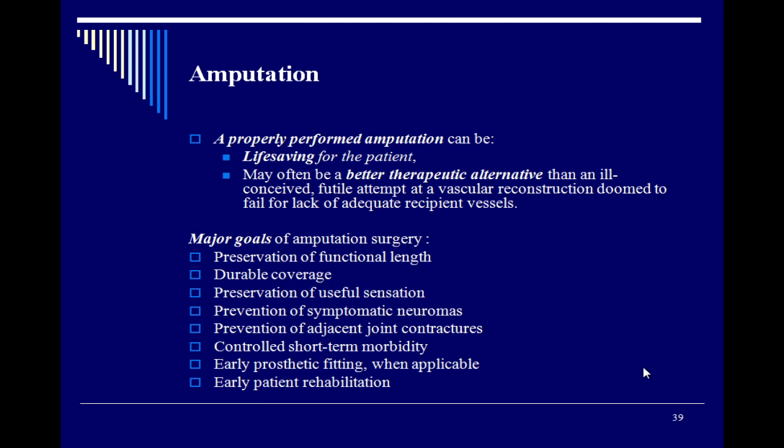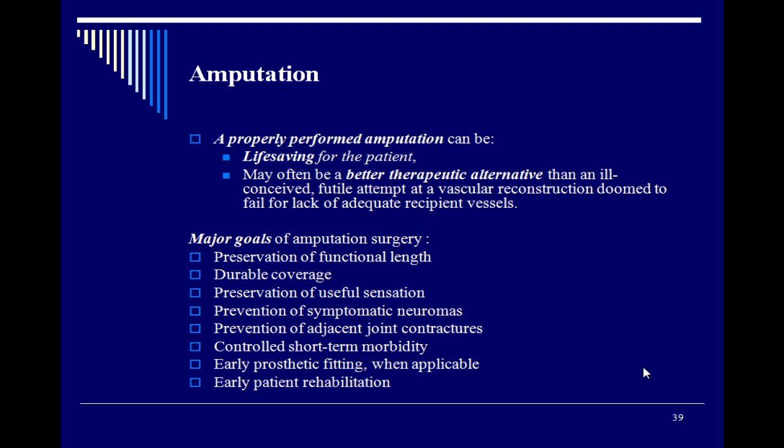Amputation. A properly performed amputation can be life-saving for the patient, and may often be a better therapeutic alternative than an ill-conceived heroic attempt at vascular reconstruction doomed to fail for lack of adequate recipient vessel.